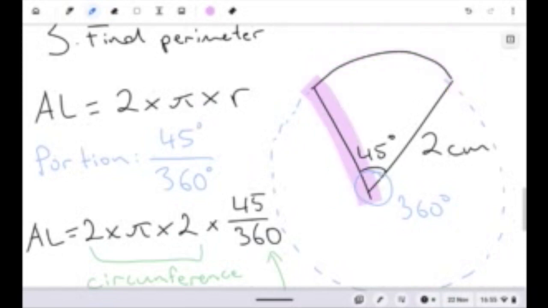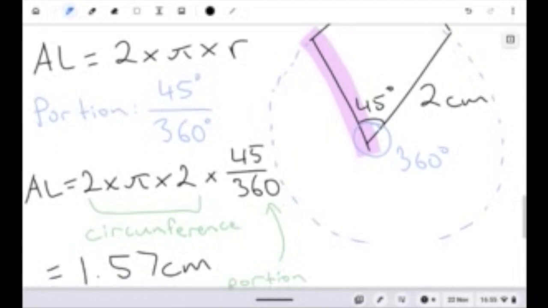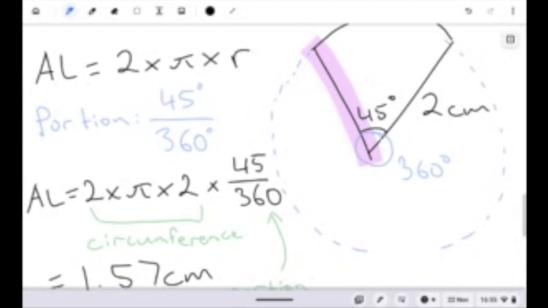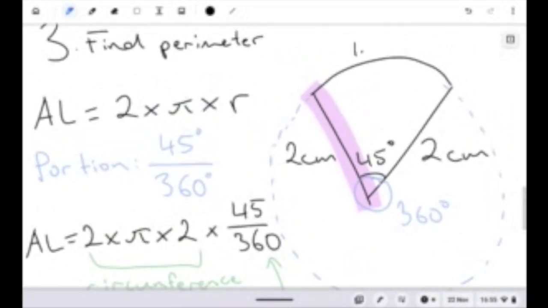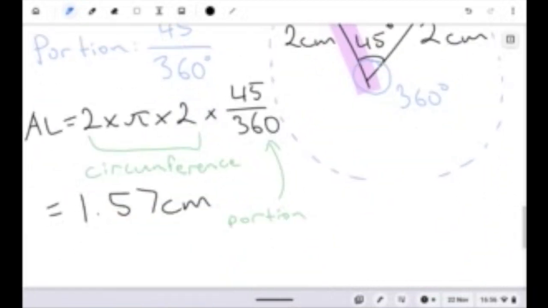It's not labeled on there, but this is just a length that stretches from the middle of the circle out to the border. So that's the radius. That's the same as my 2 here. So let's label that in 2 centimeters. And my arc length that I found was 1.57 centimeters. All I have to do for a perimeter now is to just add the borders.